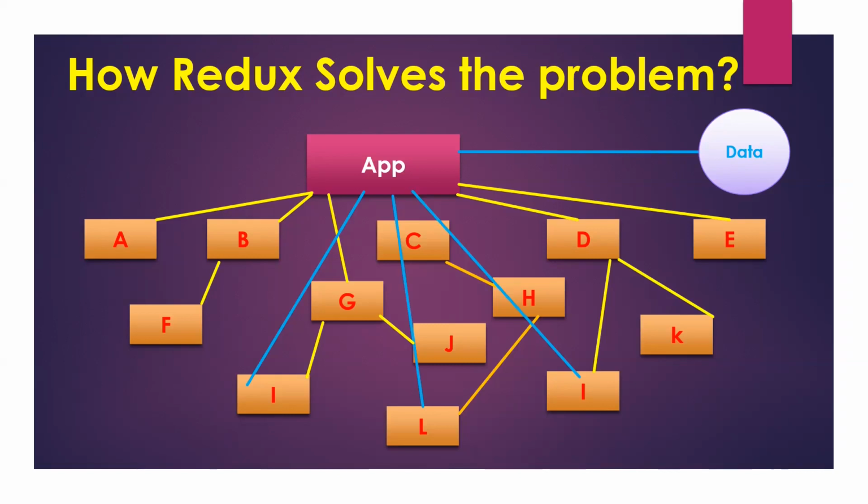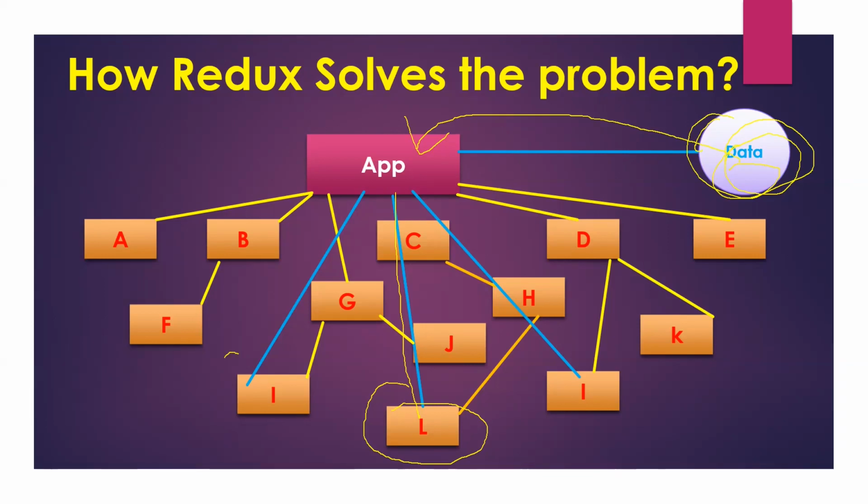So what is the benefit, and how does React Redux solve this problem? Suppose this is the data in a central place, at one place. Then this data is transferred to the app component, and rather than going through child components, the data can be accessed directly from here.